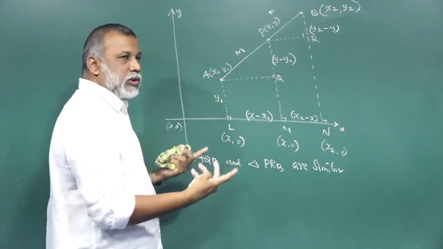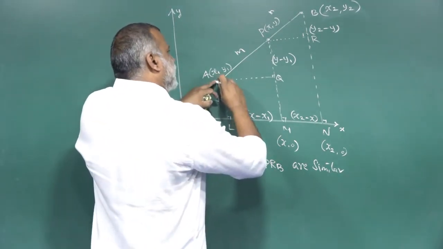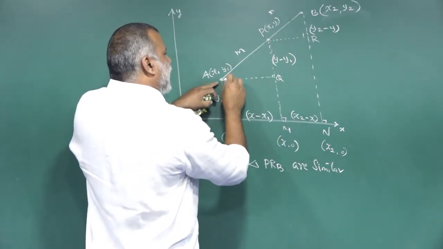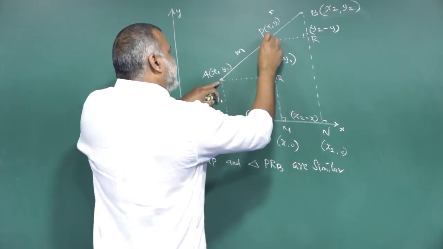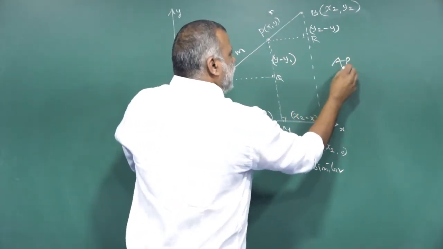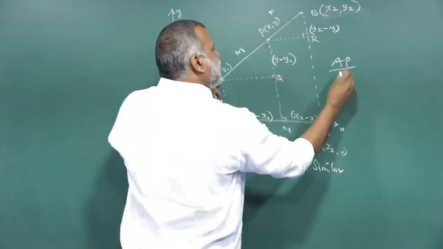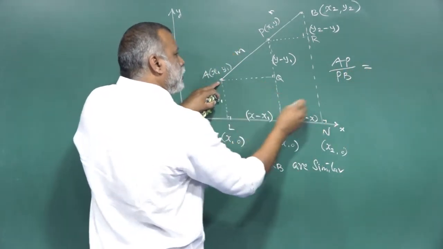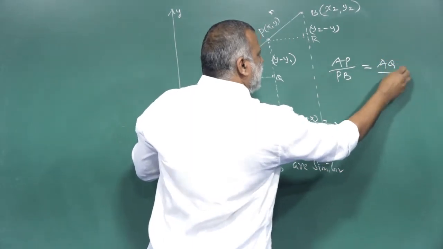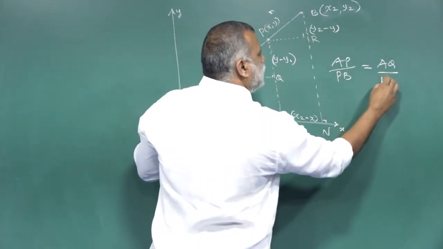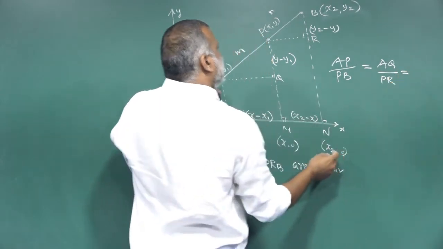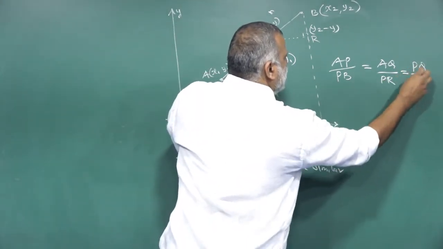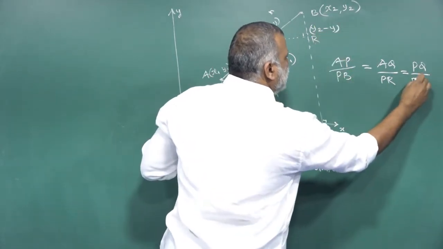We know the basic rules of similar triangles: the corresponding sides are in proportion. I am taking the first triangle AQP. I am taking AP divided by the corresponding PB, that is equal to AQ over the corresponding PR, which is equal to PQ divided by BR.